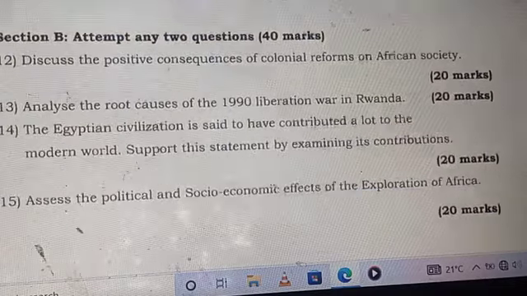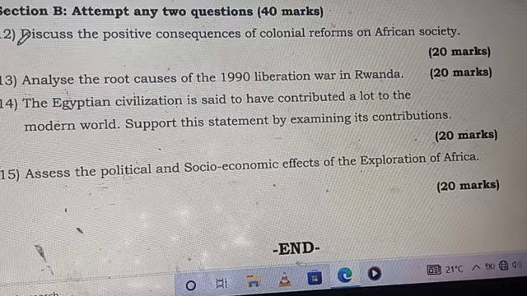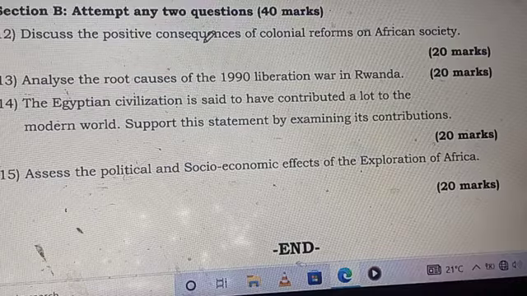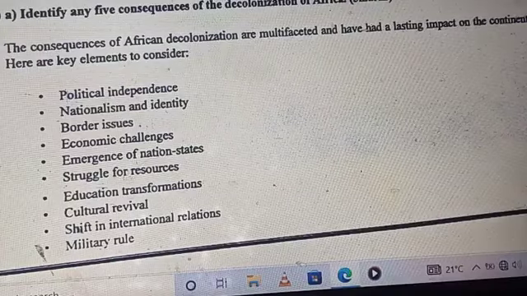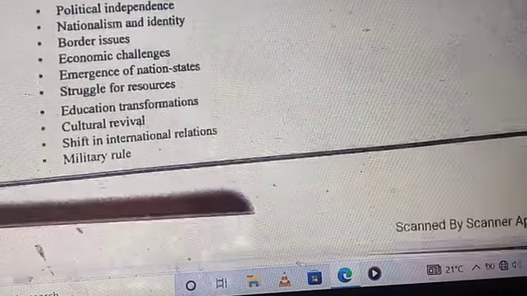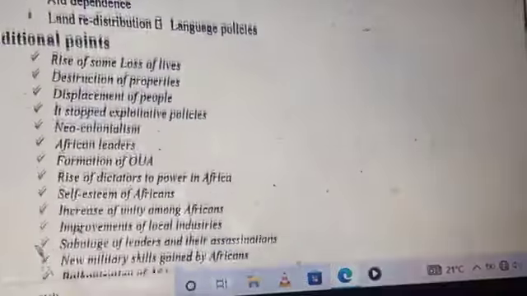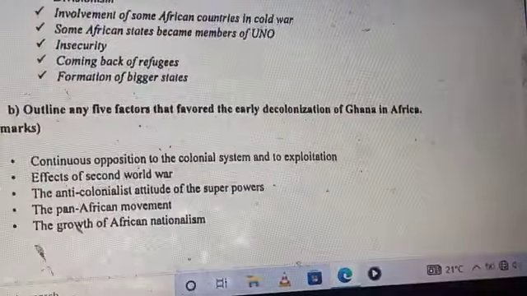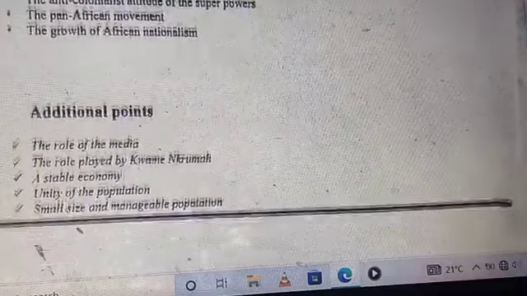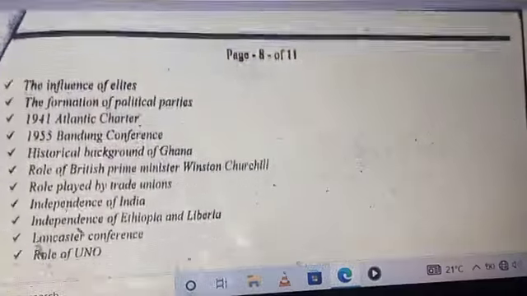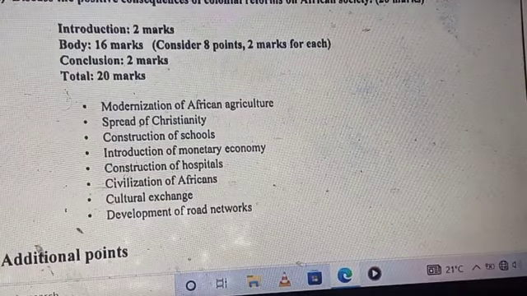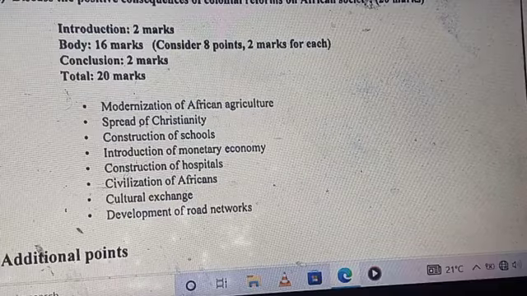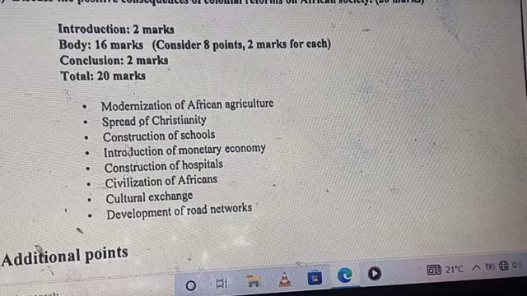Section B, attempt any 2 questions. Question 12. Discuss the positive consequences of colonial reforms on African society.